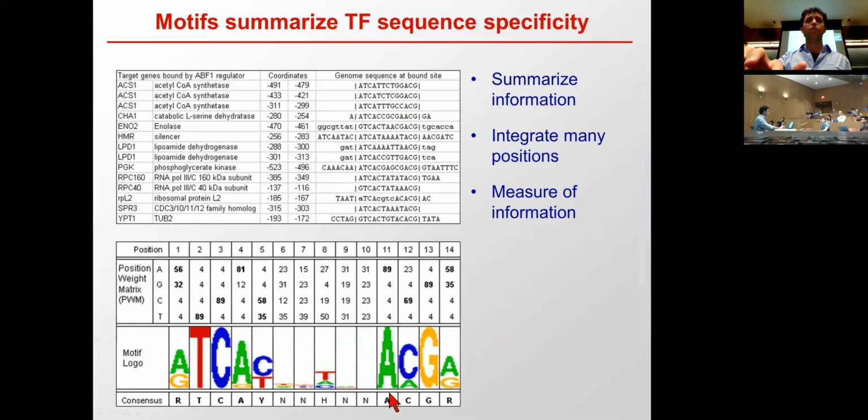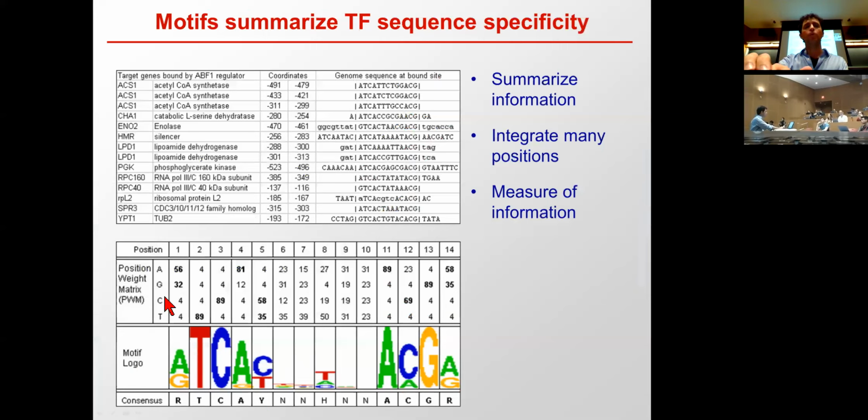This is the motif for the ABF1 protein in yeast. And this is the consensus. So this position is nearly always a T. That position is always a C. Always an A, always an A, always a C or a G. And here, half the time it's an A, half the time it's a G. Similarly here, half the time it's an A, half the time it's a G. Half the time it's a C, half the time it is a T.